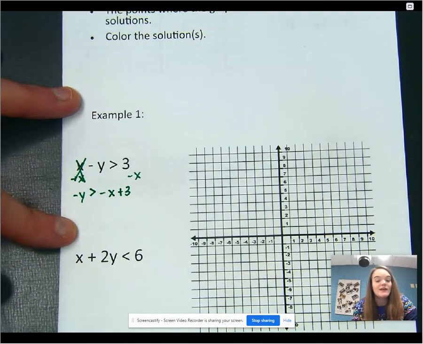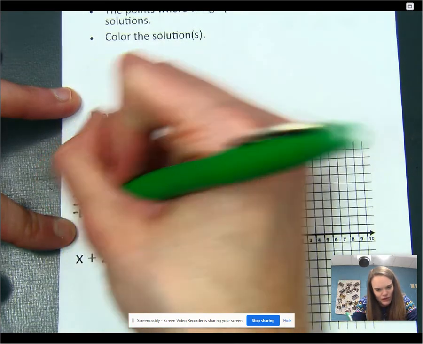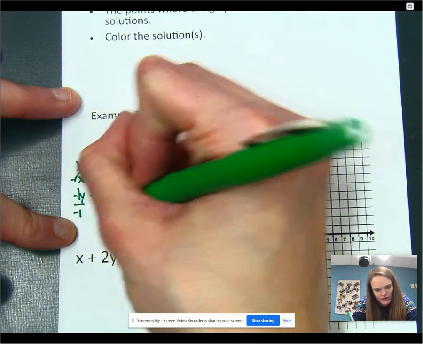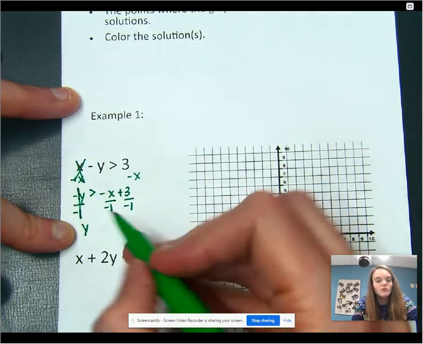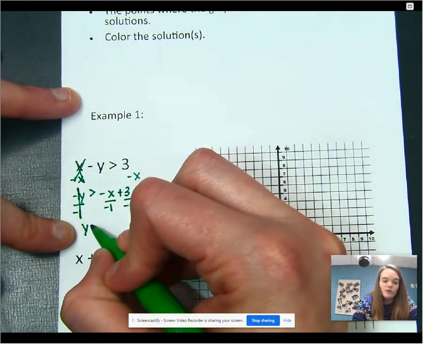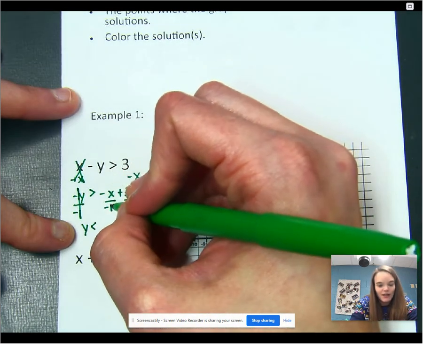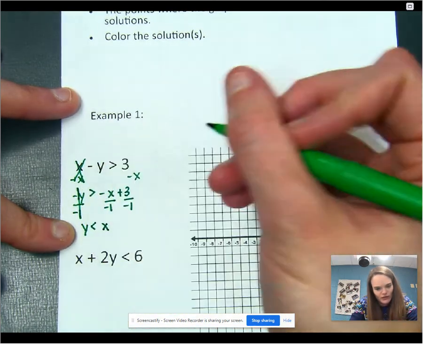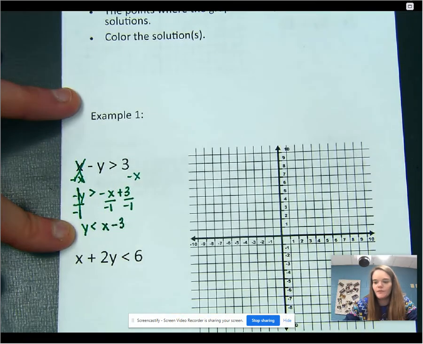Now, we have a negative. It's like having a negative 1. We have to divide by negative 1 by every piece. So when you divide by a negative, you flip the inequality symbol. Negative 1 divided by negative 1 is 1x. 3 divided by negative 1 is minus 3.